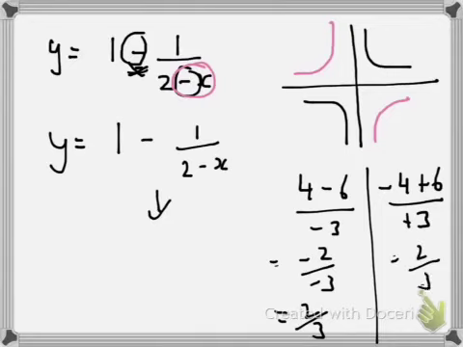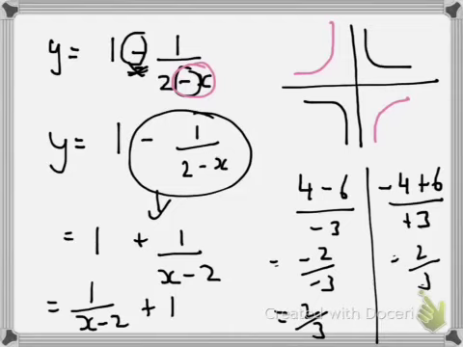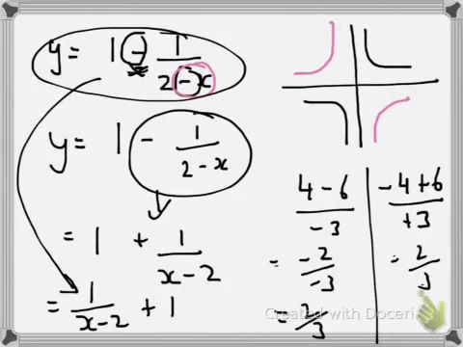So what I can actually do here is take this part and change the signs of everything. So it could actually equal, I'll leave the 1 where it is, plus 1 over x minus 2. And if we write the fraction component of that first, same as this. So if you're looking at doing one such as this, you can actually transform it to that, which is a little bit more familiar.